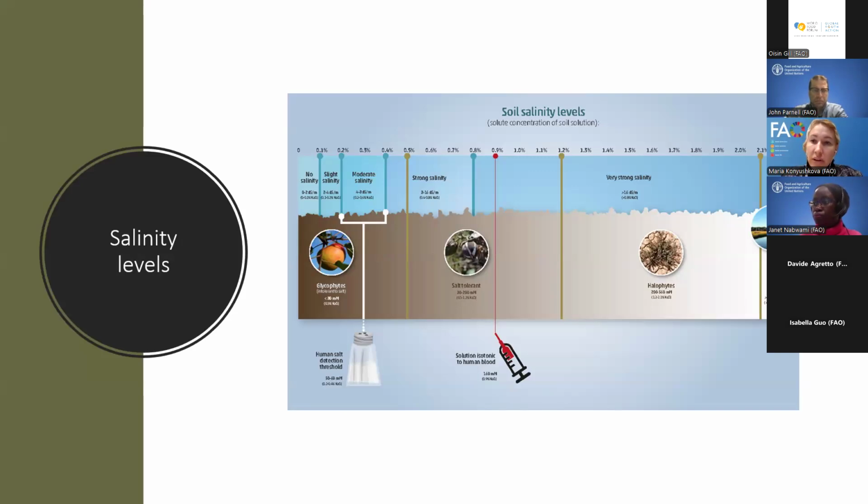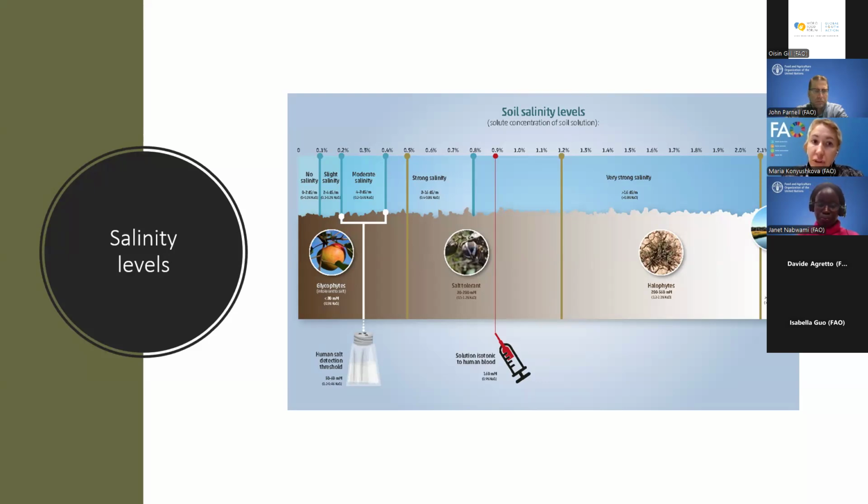The human sensitivity threshold to salinity can range for different people, they have different sensitivity, but in general it is concordant. It's at the level of moderate salinity. So when you can feel the salinity in your soil by the tongue, it means that we already have moderate salinity.